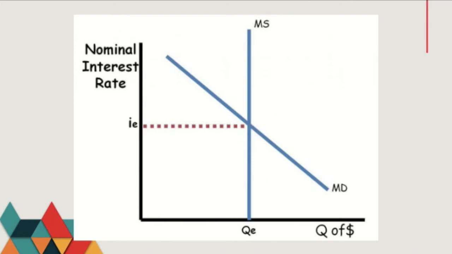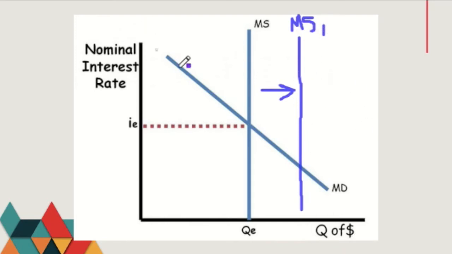So when the Federal Reserve increases the money supply, whether it is by buying bonds or the other things they can do to influence the money supply, there is going to be a shift to the right. And we can label this MS1.